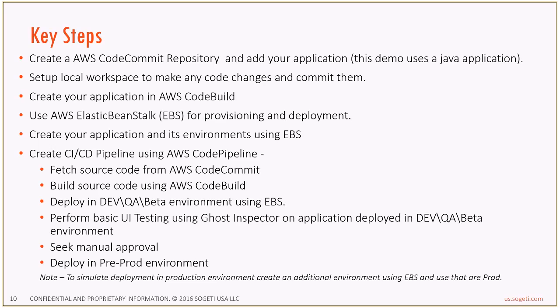The next thing after that is to use AWS Beanstalk to create your application and its environment. In this pipeline, we will be using AWS Beanstalk for provisioning and deployment of our application. AWS Beanstalk helps automate this whole provisioning and deployment process because it manages provisioning the instances as well as deploying your application on those instances.